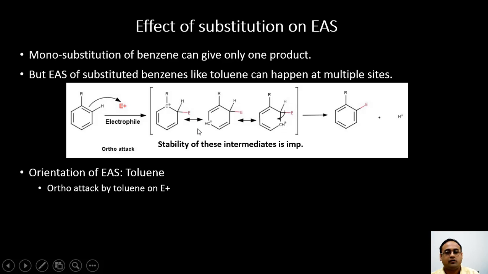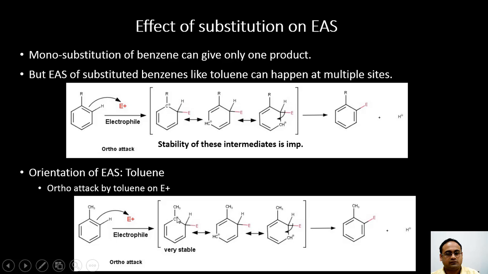So depending on at which position the charge is stabilized, these attacks will be favored. We see that for this ortho attack, the charge which is located at the ortho position to the electrophile is directly attached to the methyl group. Therefore, methyl group can donate electrons by inductive effect and stabilize this charge.